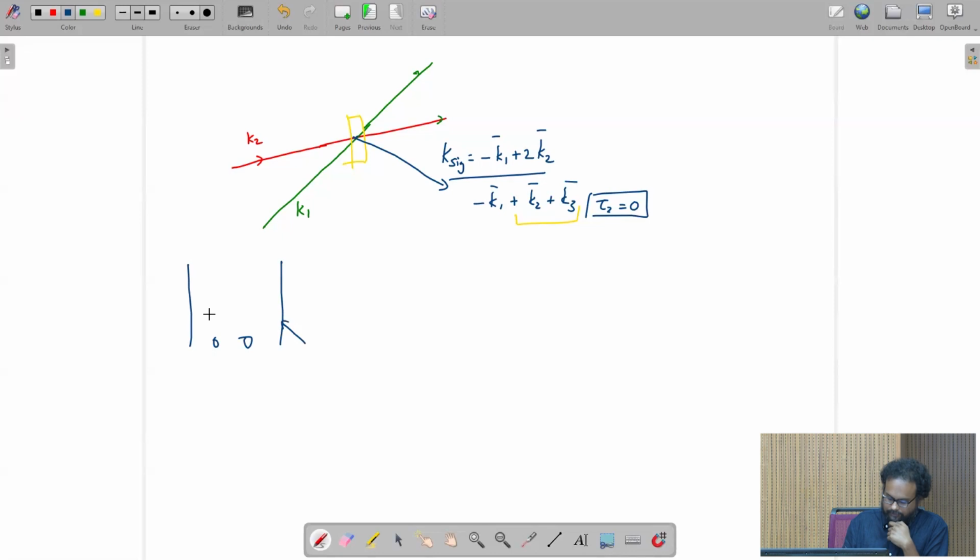Go to 0, 1. And I have my second interaction, but I also have the third interaction simultaneously. That's the right way of putting the Feynman diagram. And then of course 1, 0.